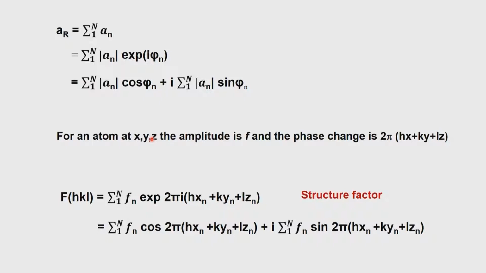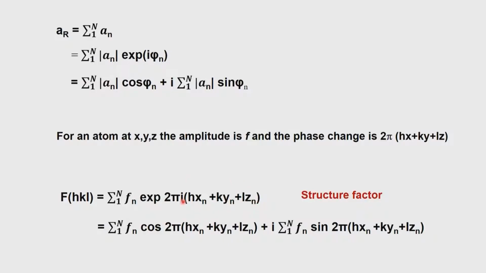So, we can therefore write the expression for the structure factor. Remember, until now we were discussing the intensities because that is what we measured, and now we are writing the expression for the structure factor. So, the structure factor is the sum from 1 to n of f n exponential 2 pi i (hx plus ky plus lz). What you therefore see is that now the phase factor can also include the imaginary component.